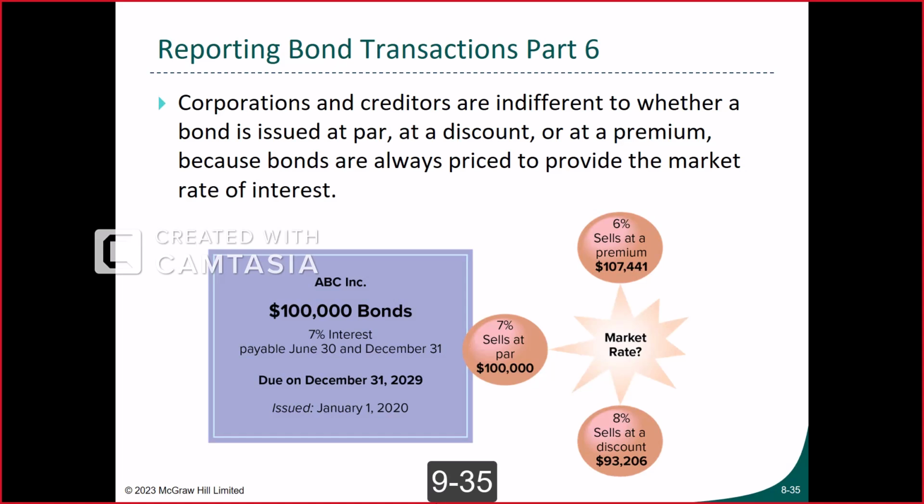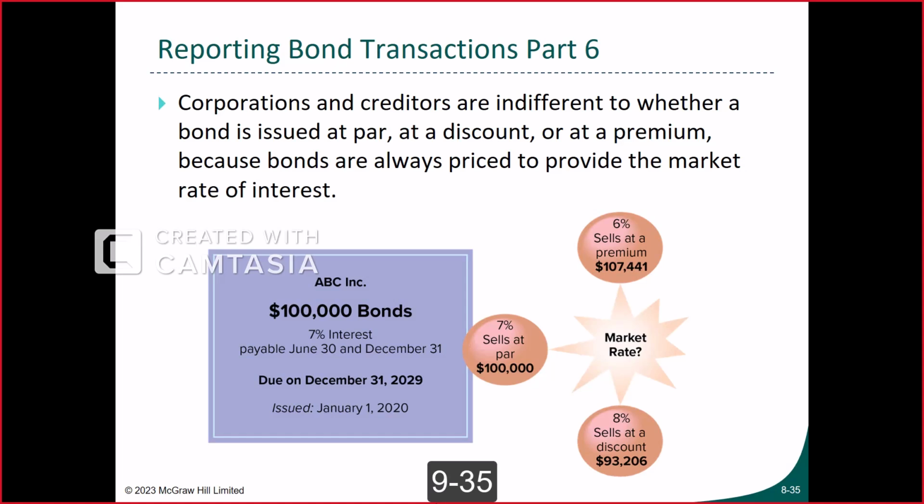Our bonds offer 7% of interest. The market only offers 6%. This will make the investors willing to pay more than the principal. They would be willing to pay $7,441 more than the 100,000 as a premium. Why is the investor willing to pay that premium? Because they are going to collect over the 10 years, 20 times, 1% higher than the market rate.